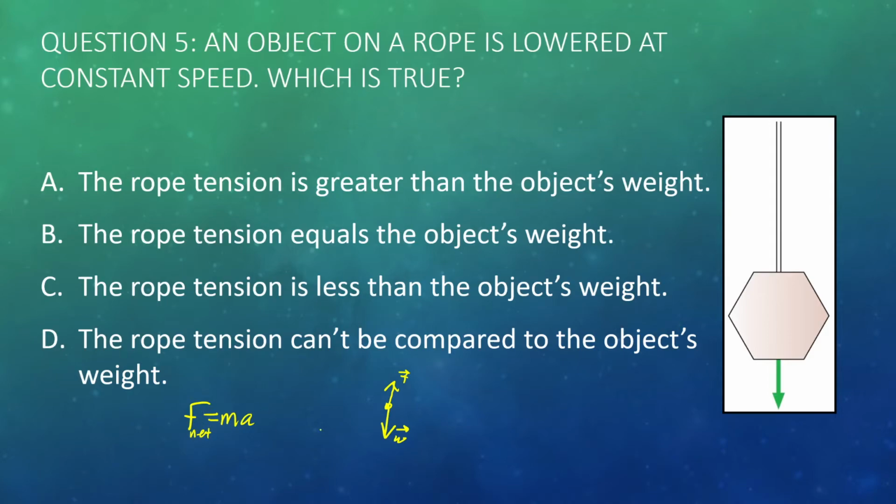Which means, even though there are forces, there can't be a net force, which must mean the tension pointing up has to equal the weight pointing down, so that there is no net force. In other words, one of them isn't pulling harder in the other direction. So the answer is that they are equal. Our answer is B.